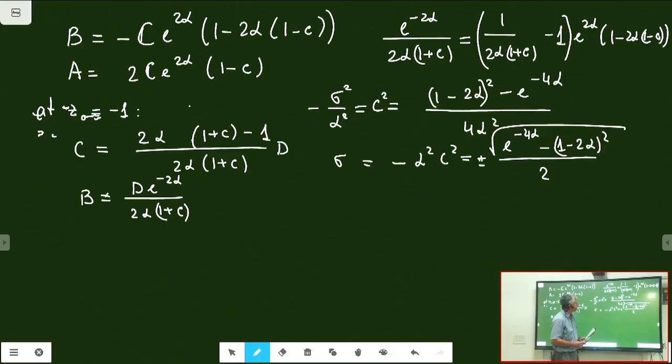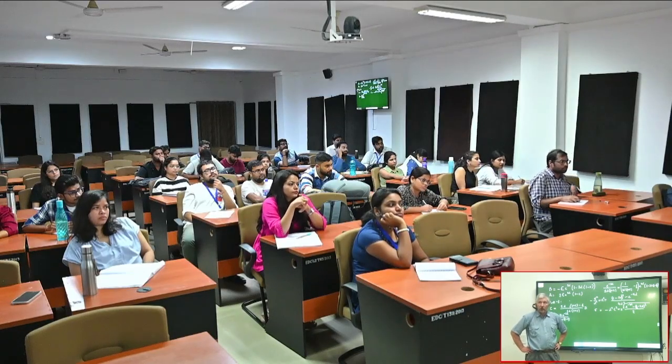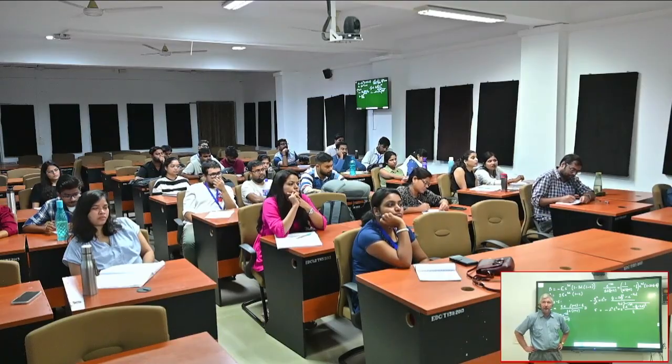So, if you look at this expression, it contains a square root. If you have a square root, you have to be mindful of the expression under the square root being negative. If it is negative, what happens? What's the value of sigma then? It becomes imaginary, right?